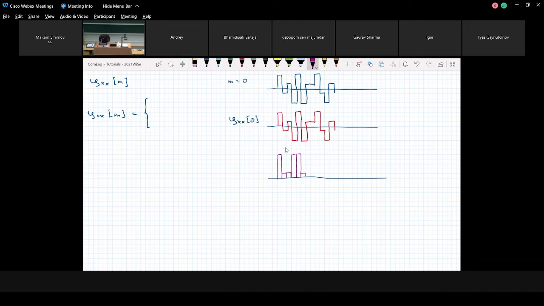This is nothing else but the original sequence paired with itself. You just take the sequence x of n, calculate the square value of each symbol that you generate, and then for the autocorrelation function of a stochastic signal, you calculate the expected value, as you said, yeah?